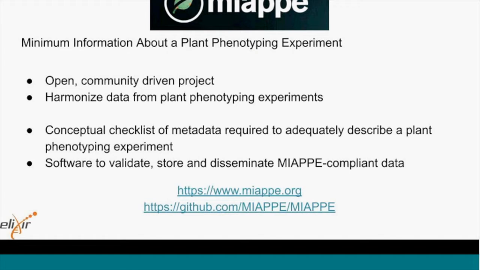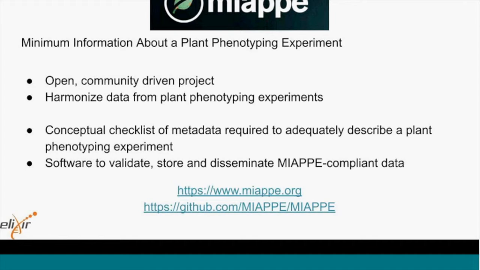First of all, MIAPPE is the minimum information standard about the plant phenotyping experiment. This is a community-driven project which was started in an FP7 project, transPLANT, and where ELIXIR has continued developing this standard, aiming to harmonize data from plant phenotyping experiments across the globe.